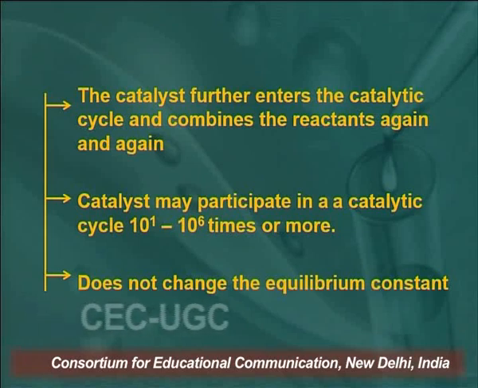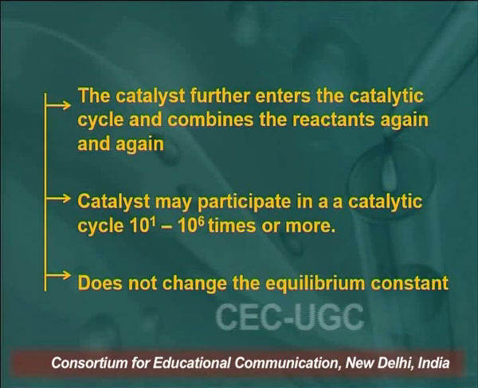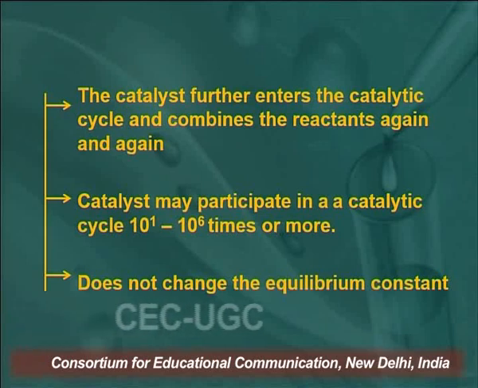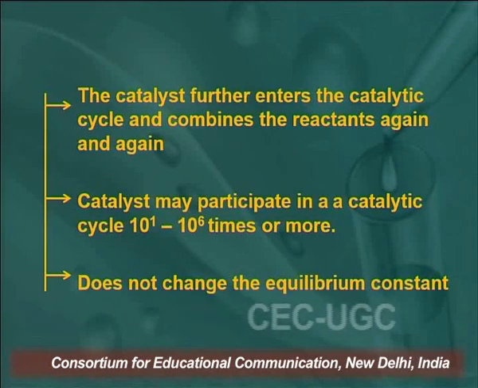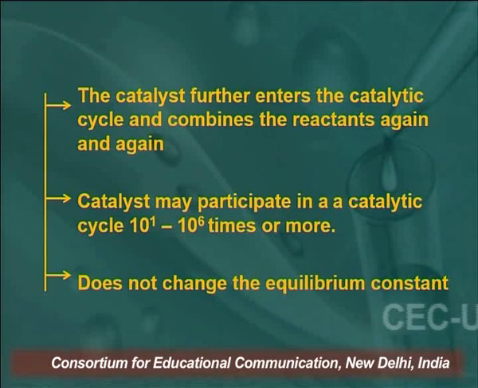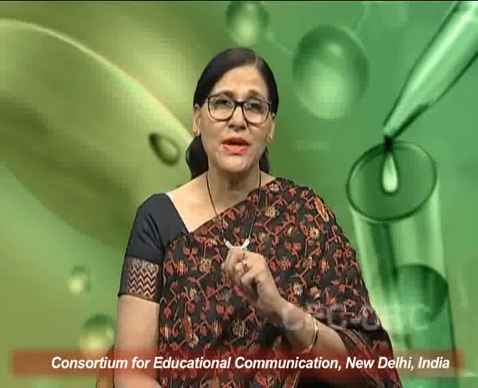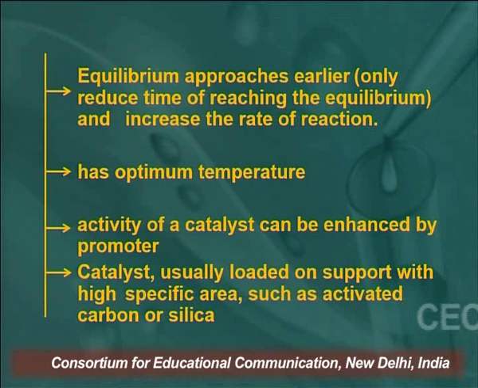Catalyst may participate in a catalytic cycle 10 to the power 1 to 10 to the power 6 times or more. And another important feature of catalyst is it does not change the chemical equilibrium constant of the reactions. Another important feature you can see on your screen, the equilibrium approaches earlier.